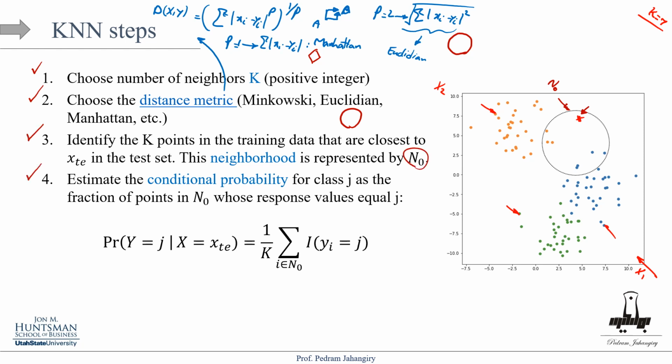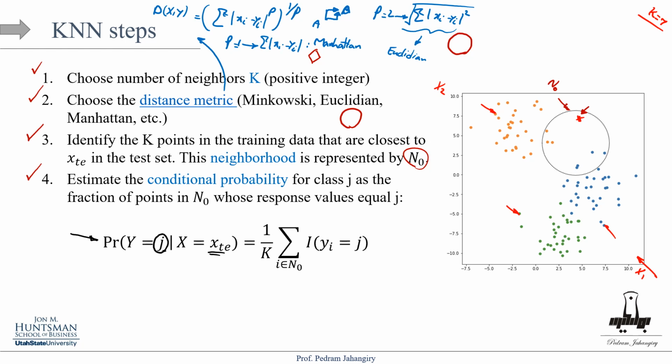Next step, let's calculate the conditional probability. Let's do it manually, very quickly. Remember, we have 3 classes: orange, blue, and green. We need to calculate the probability that y belongs to any of these classes, where j can be any of those 3 classes, given the features in the test set.